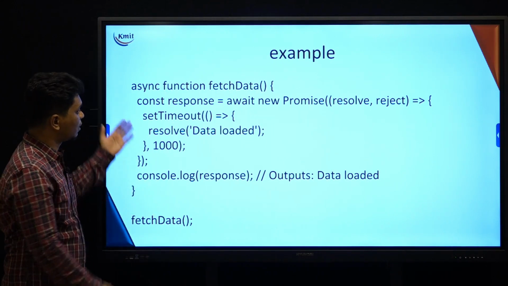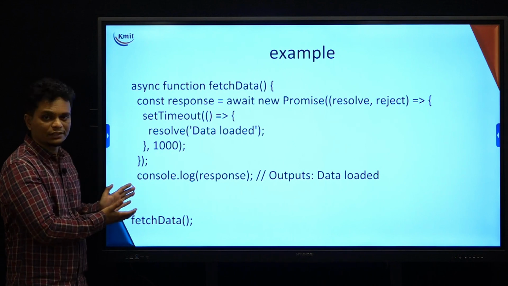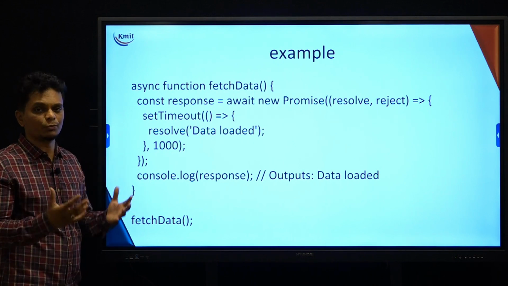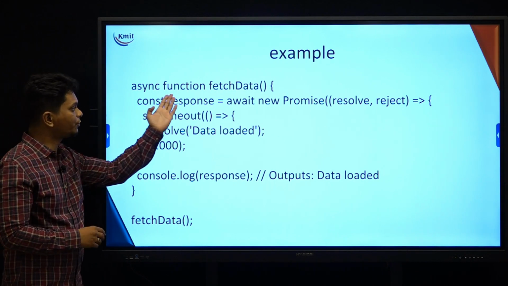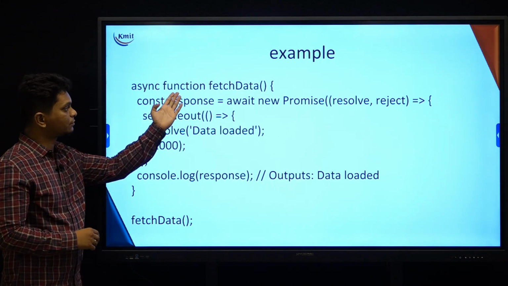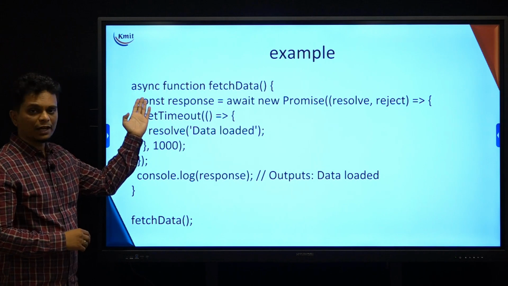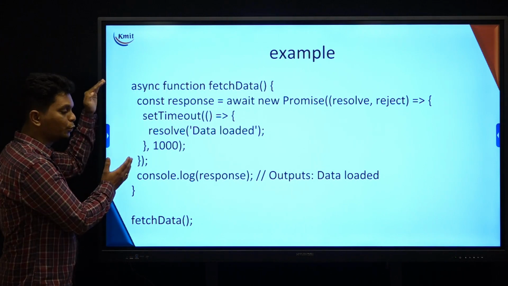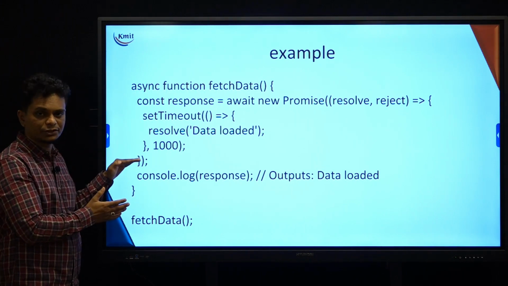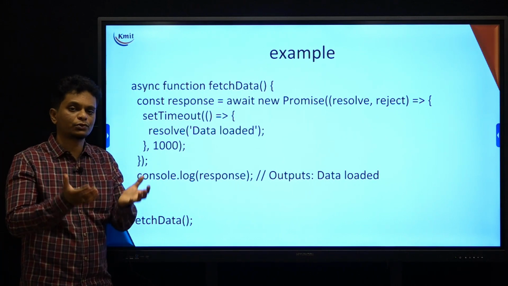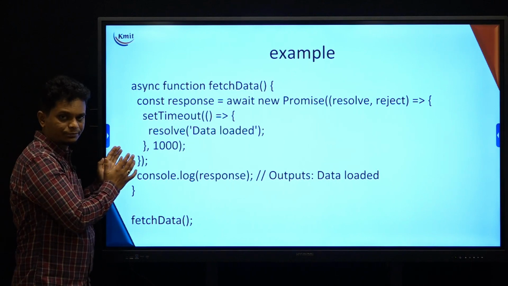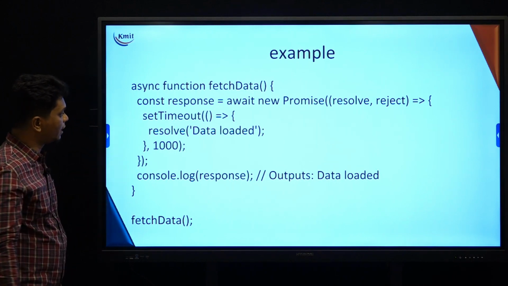Then let's look at an actual example that explains more about async and await. Here, if you see a function preceded by the async keyword, then you can say this is an async function, and this function could get delayed because of an operation.